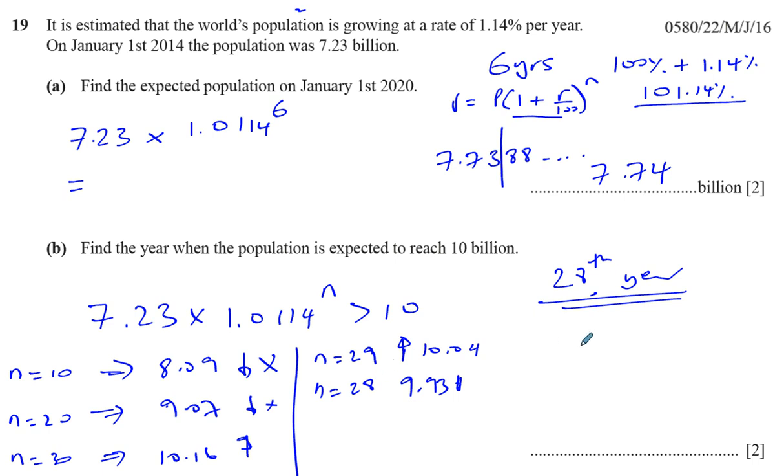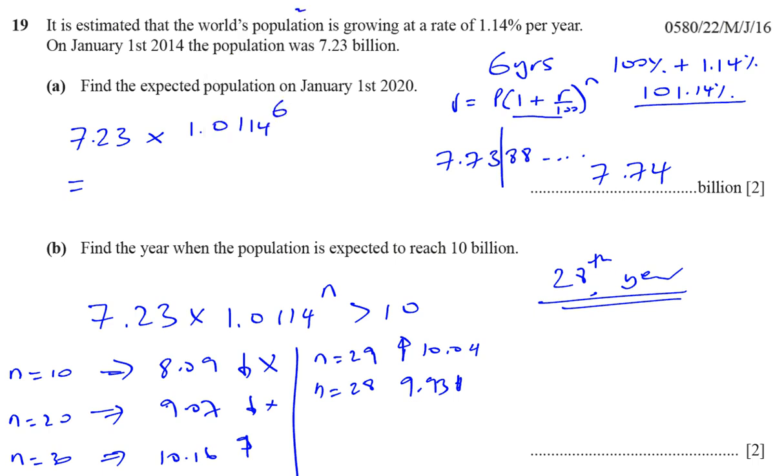So 28 years after 2020, that's going to be 2048. Oh, sorry, what am I talking about? We didn't start at 2020. It started at 2014, so you've got to read very carefully. This was the population in 2014.